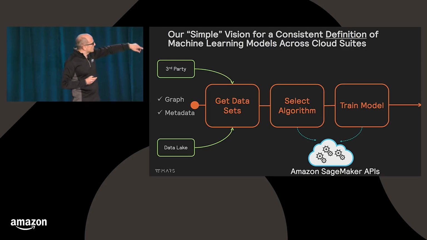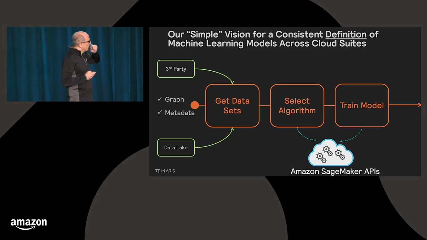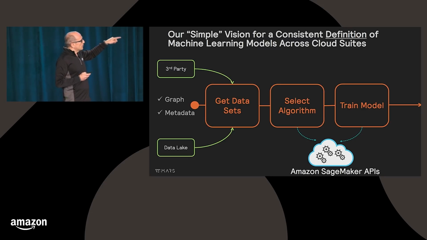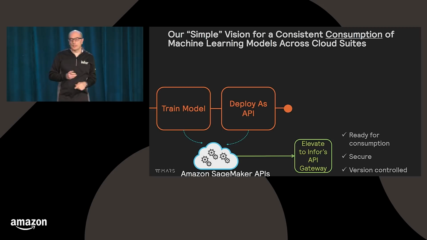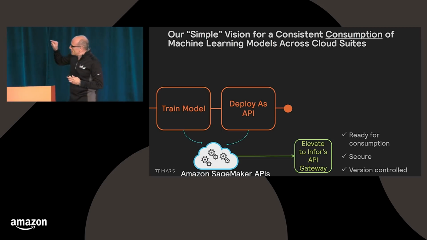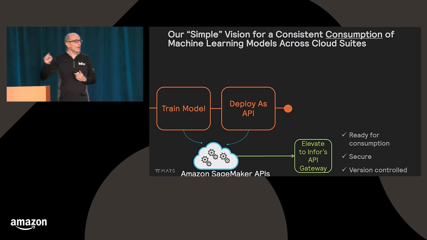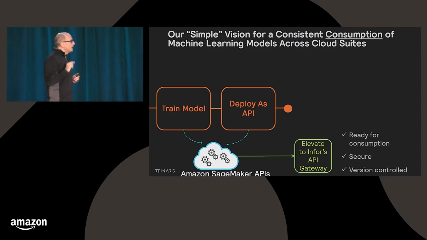These are the steps: you take third-party data or data lake data, select the algorithm, train models, and then deploy the APIs into SageMaker, elevate those APIs in our gateway so they run under the same security, and then you can start to consume them.